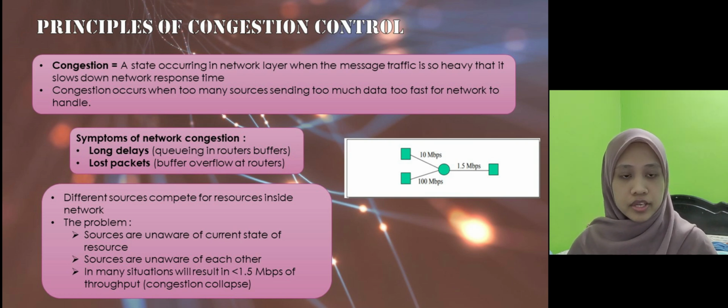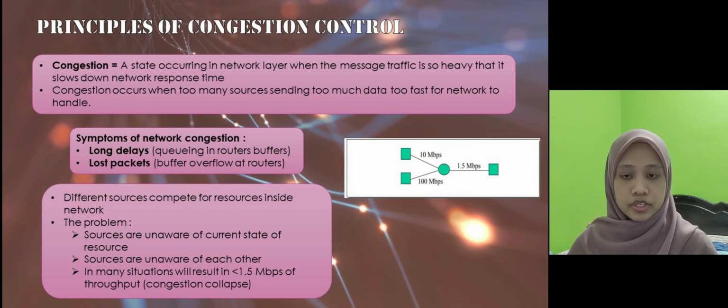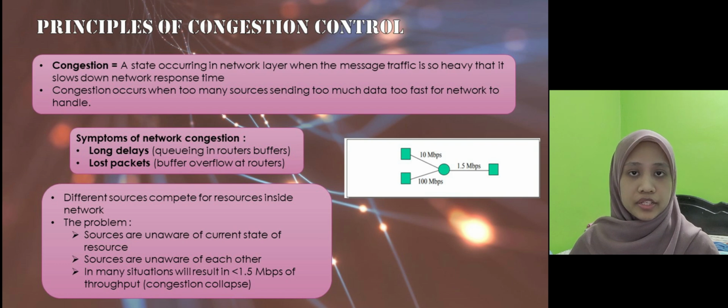As you can see in the diagram, different sources compete for resources inside the network. There are a few problems: sources are unaware of the current state of the resource, and sources are unaware of each other. In many situations, it will result in below 1.5 Mbps of throughput, which causes congestion collapse.